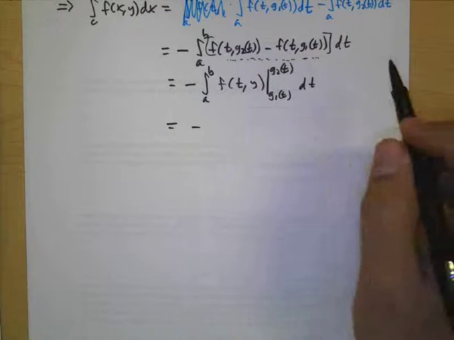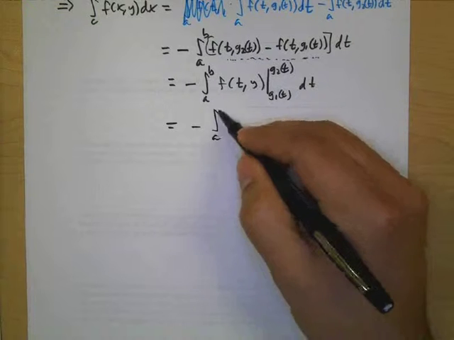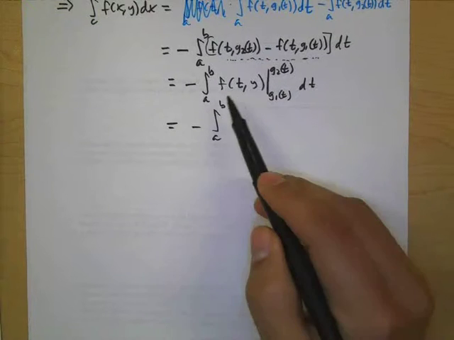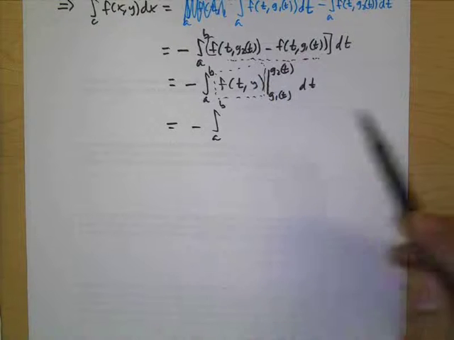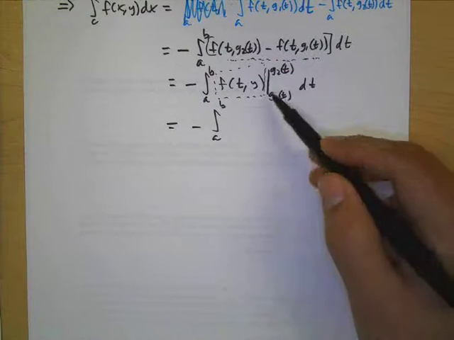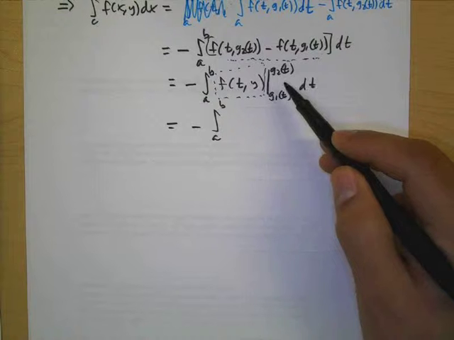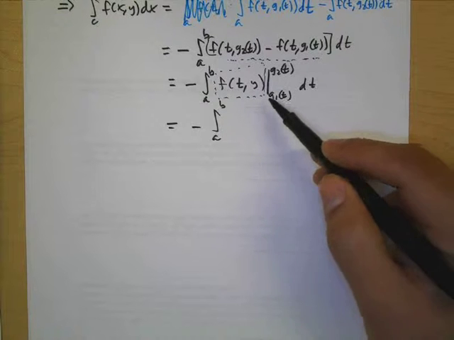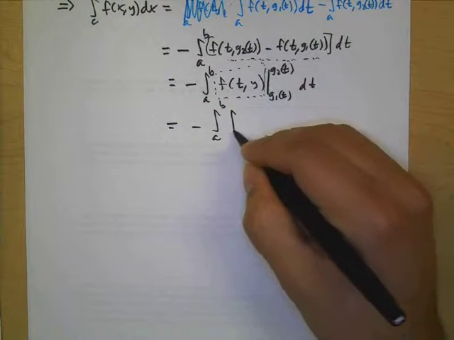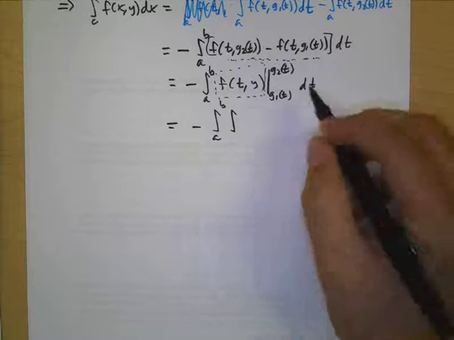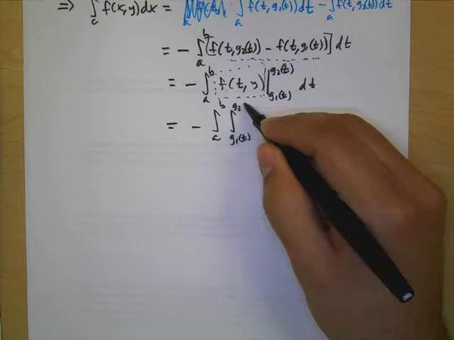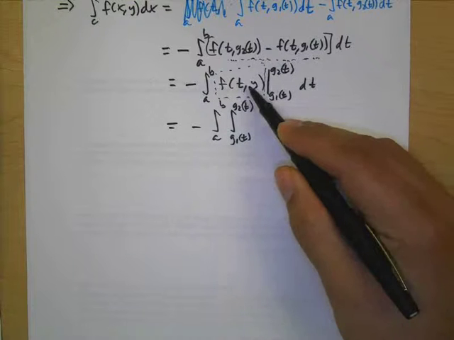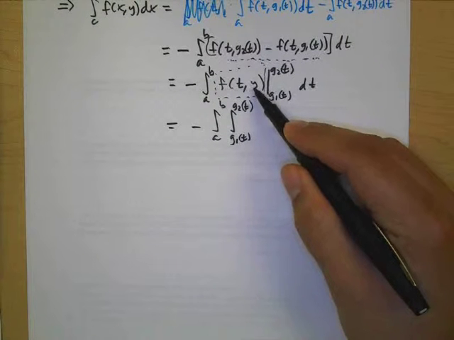Now, where did this come from? Before we plug in the bounds, we had to integrate some function from g1 to g2, and it was integrated with respect to y, right?